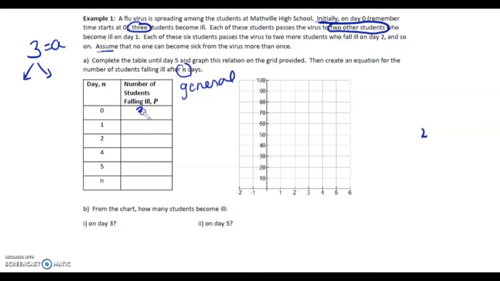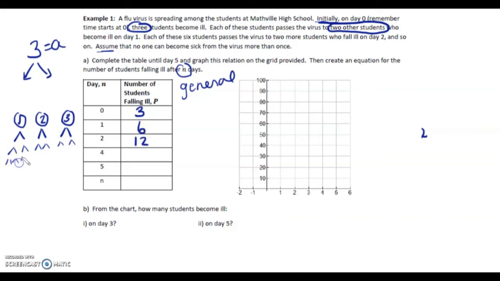So we're going to start with 3 people. So we have person 1, person 2, and person 3. They each give it to 2 people, so times 2 would be 6. Each of these people gives it to 2 people. So 6 times 2 is 12.